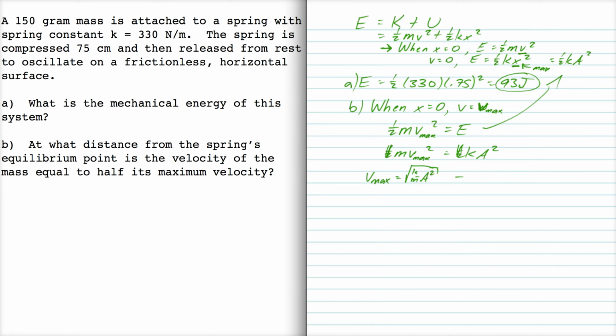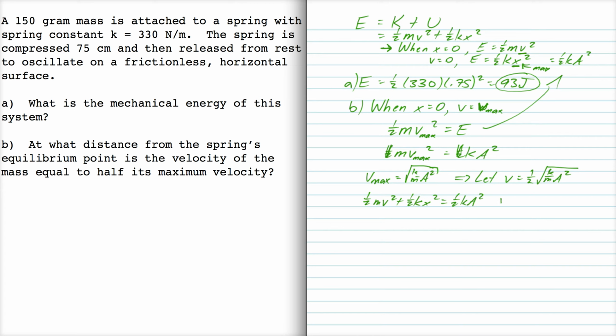So we're going to let v equal 1/2 of that. Now, on your formula sheet, we have a more generic formula that starts with, at any general time, 1/2 mv squared plus 1/2 kx squared is equal to the mechanical energy, which is 1/2 ka squared.